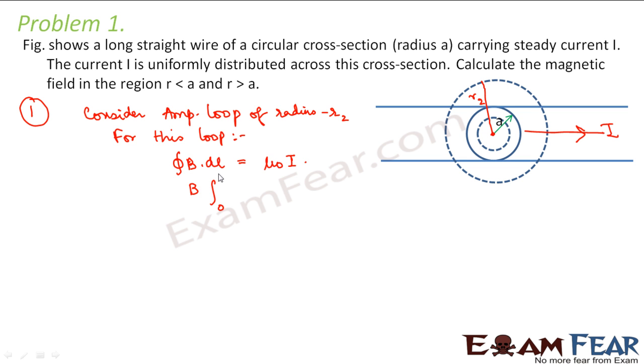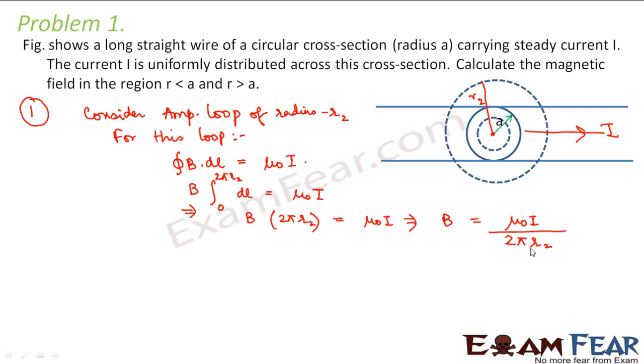Integration of dl would be from 0 to 2 pi R2. So B into 2 pi R2 is equal to mu naught I. Or we can say magnetic field B is equal to mu naught I divided by 2 pi R2.